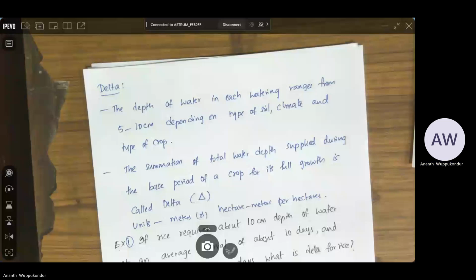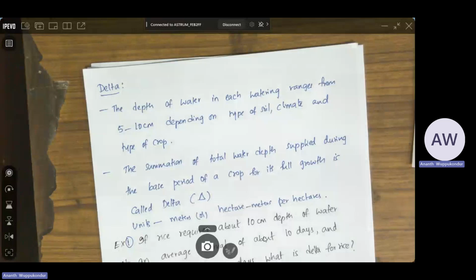There are different categories of crops for Kharif, and sugar cane can be grown mostly throughout the year.